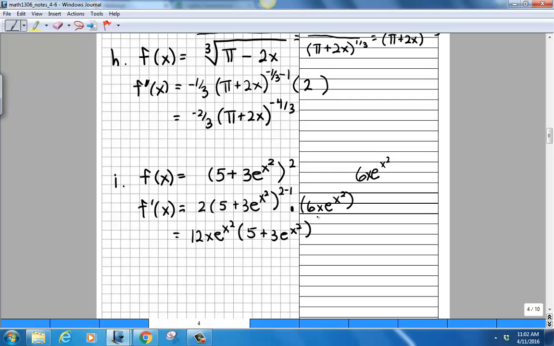So there it is: 12x e to the x squared times 5 plus 3e to the x squared. That's enough simplifying. We could multiply and remove these parentheses, but that's really not necessary. I'm happy to get to that step.